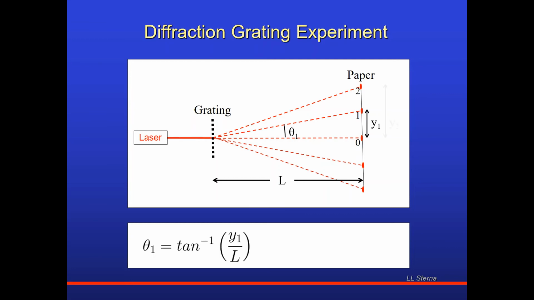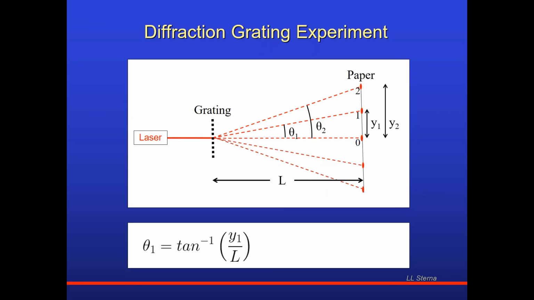The next thing you measure would be y sub 2. That's the distance from the center to the next dot, that m equals 2. Again, the angle theta 2 is, now notice the theta 2 is not between 1 and 2.